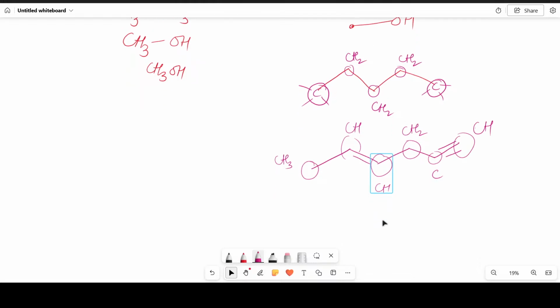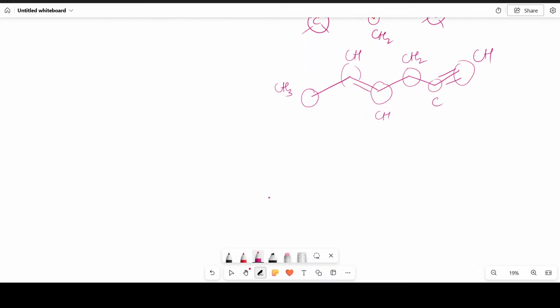So let me write the complete structure for your understanding: CH3, CH, double bond, CH, single bond, CH2, single bond, C, triple bond, C, H, single bond. Understood? Later fill all the hydrogens. Clear? This is written in zigzag fashion.